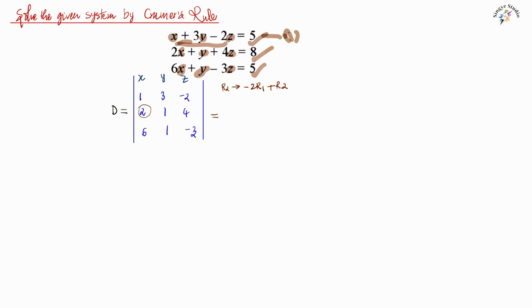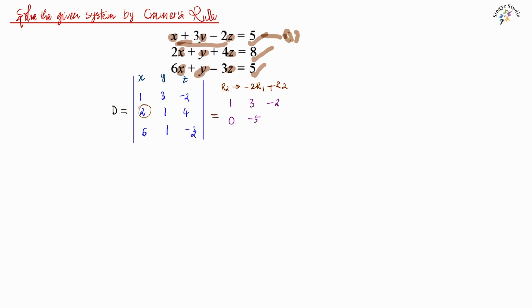So by doing this, our values will now become 1, 3, -2, and here it will become 0, and we will have -2 times 3 is -6 plus 1 is -5.